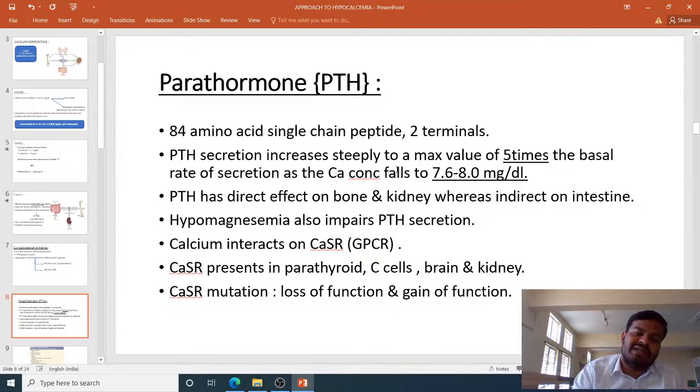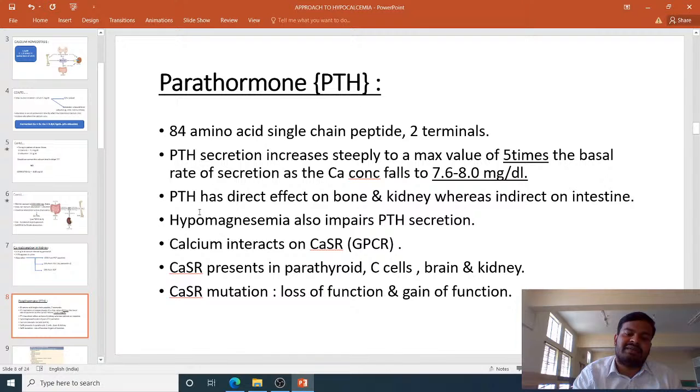When there is a low concentration of calcium in the blood, it is sensed by the calcium sensing receptors in the parathyroid, and the parathyroid secretes parathormone in response to low calcium levels. Parathormone has a direct effect on the bone and kidney, whereas indirect on the intestine.